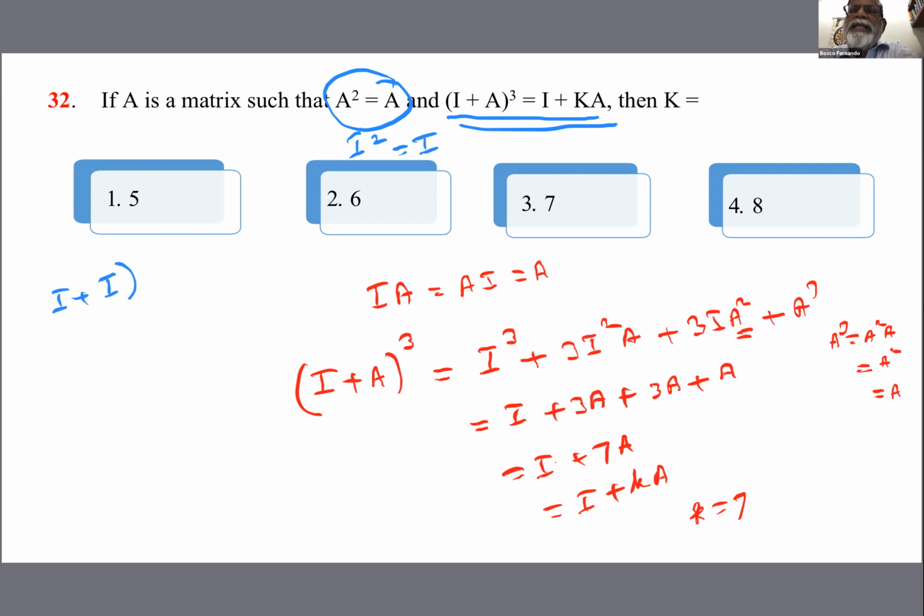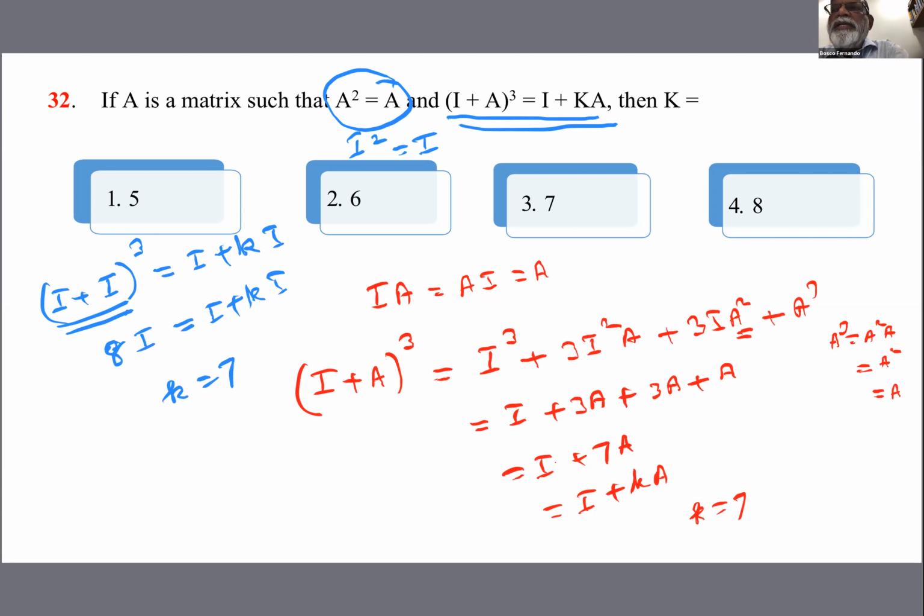So under that condition, I plus I whole cube is I plus K times I. So this is 2I. 2I whole cube is 8I cube, that is 8I is equal to I plus KI. So obviously K is equal to 7, because A squared is A and our I satisfies this. So we can do that. Okay. So we'll go to the next sum.